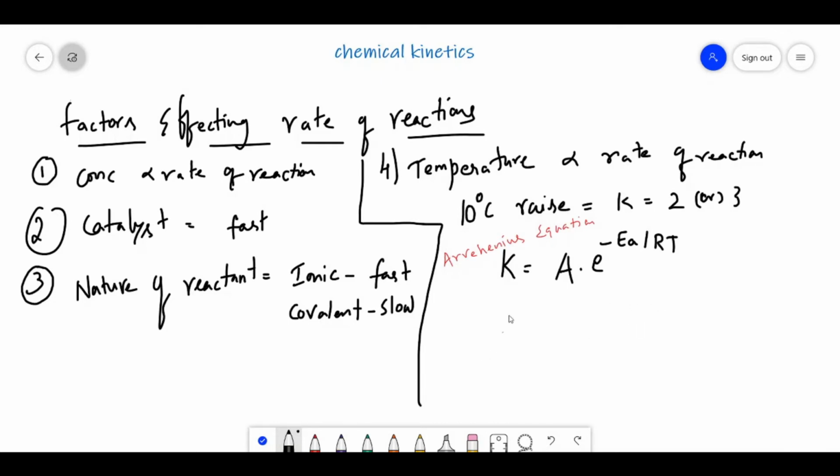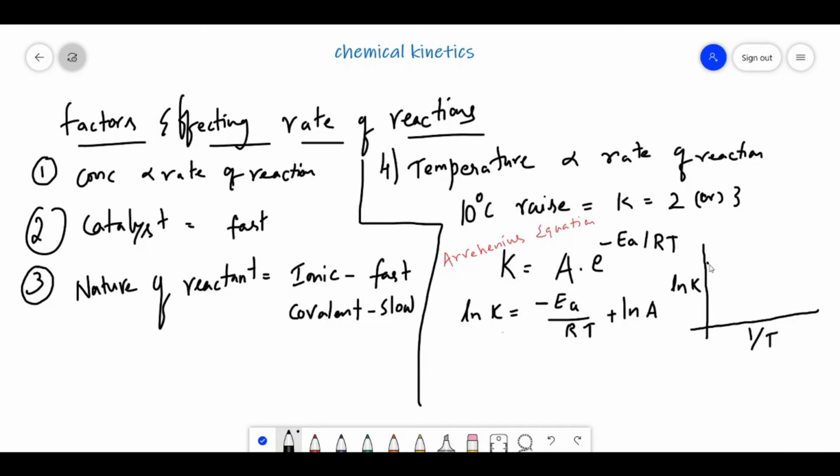And there is a graph. If you take logarithms on both sides, we get ln k is equal to minus Ea by RT plus ln A. And if you plot a graph between ln k and 1 by T, this graph is very important.